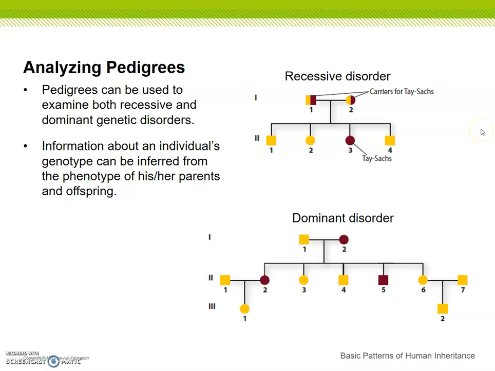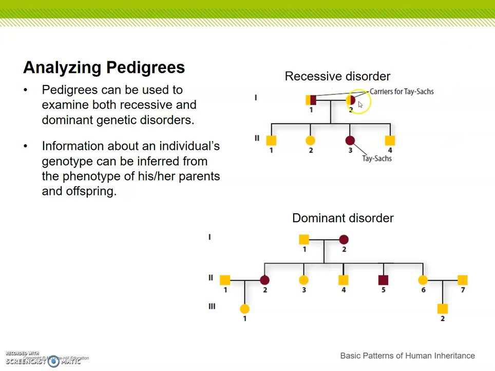Now, as we analyze pedigrees, pedigrees can be used to examine both recessive and dominant genetic disorders. They show information about an individual's genotype, and they can be inferred from the phenotype of his or her parents and the offspring.